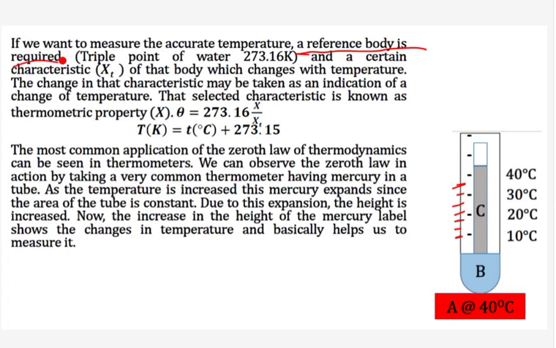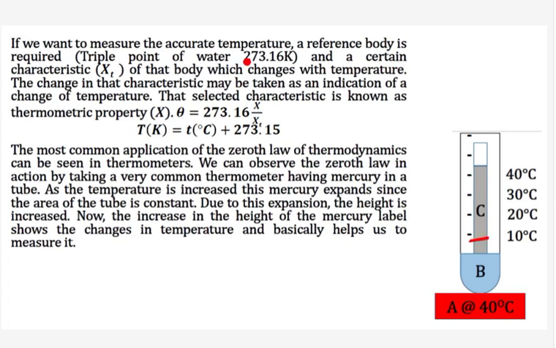Let's say the triple point. We take this thermometer and this is the known reference body. We'll take it in contact with the triple point of water, and we know the temperature, and then we'll measure up to what height it has gone. Let's say it will be somewhere here.